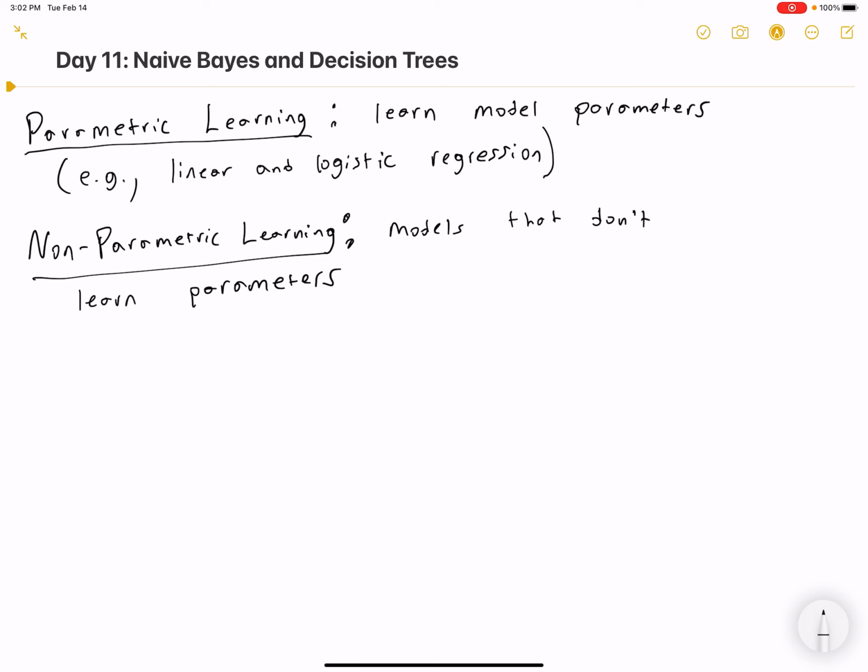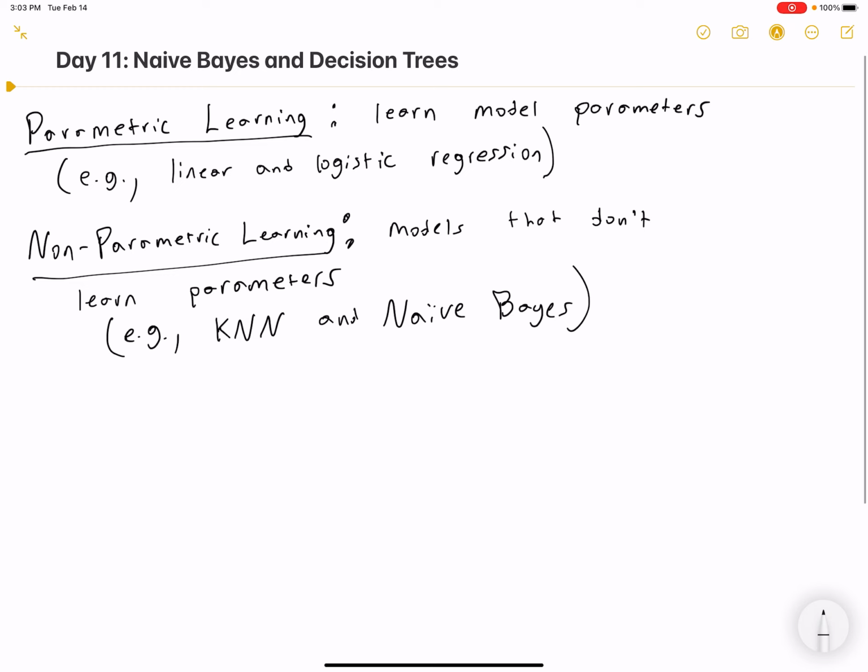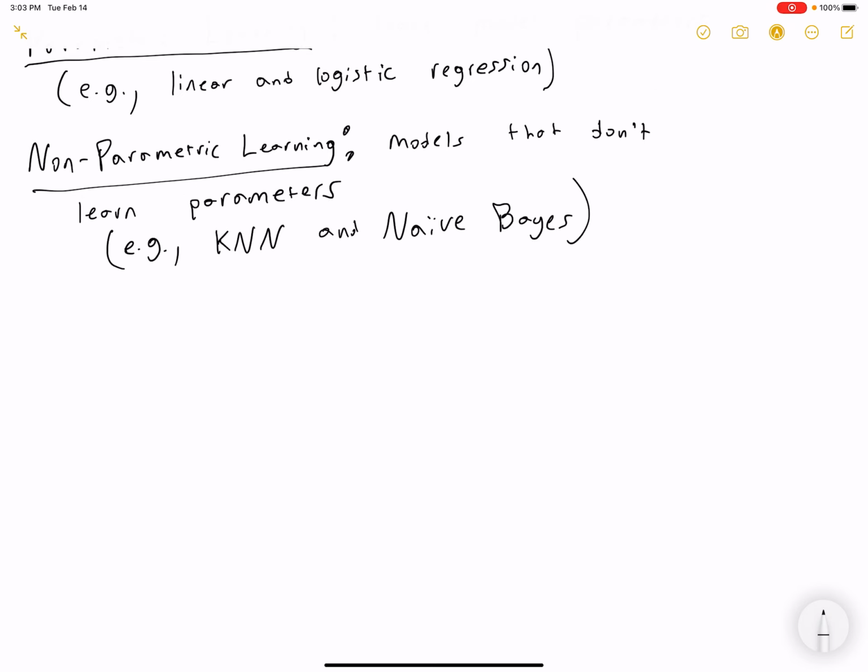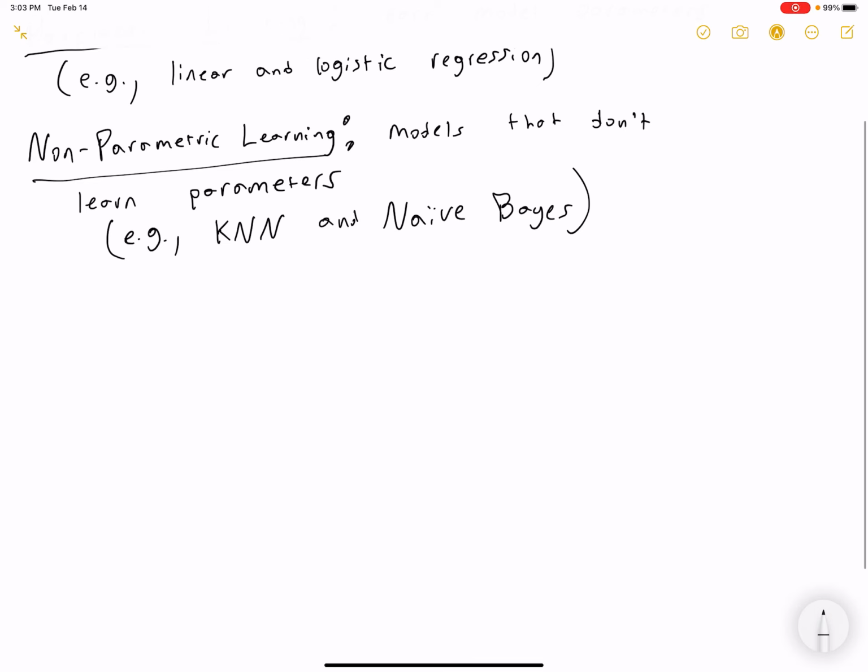And the two examples that we've covered so far are k-nearest neighbors and naive Bayes, and decision trees, which we saw briefly in the coding and which we'll start talking about today as well. So k-nearest neighbors, pretty simple, probably the simplest learning algorithm we've learned in this class.